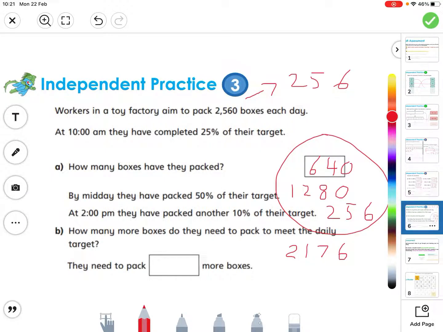But they need to pack 2,560. So I'm going to do 2,560 subtract 2,176. You could have done this in a column subtraction, or by a number line, and they still need to pack 384 more boxes.